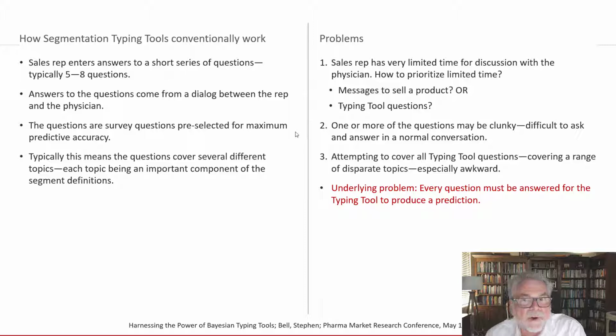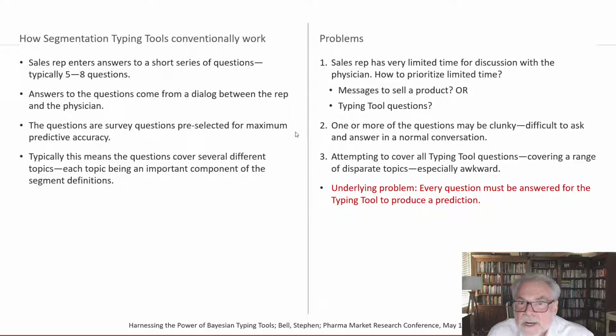And then third, did you notice how in that example, the questions were in three very different areas? And so it's just sort of hard to construct a natural conversation where you jump from one area to another, all as part of that same conversation. And so you've got a third problem there.